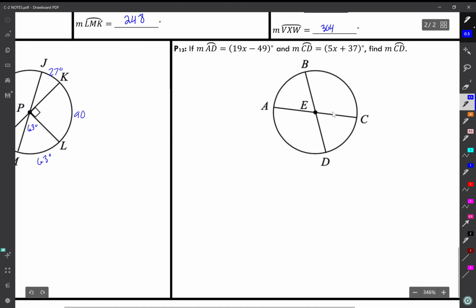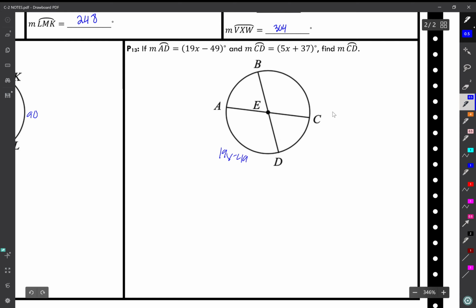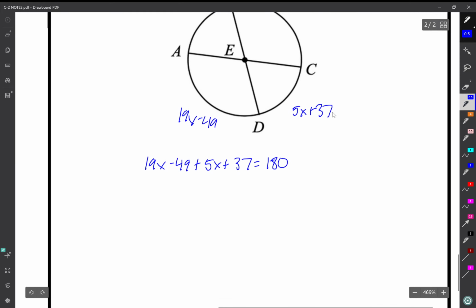Number 13, if the measure of arc AD is 19x minus 49, and then CD is 5x plus 37, find the measure of arc CD. There you go. Those are just supplementary. Add them up, set them equal to 180. All right, now we will solve this equation.